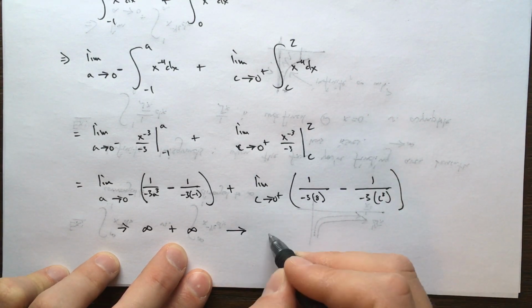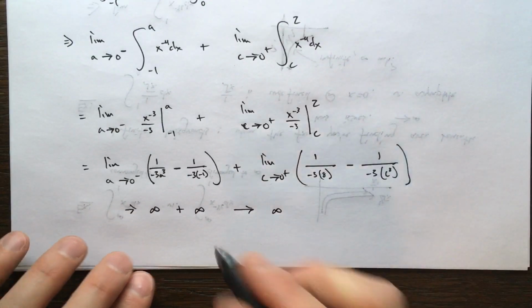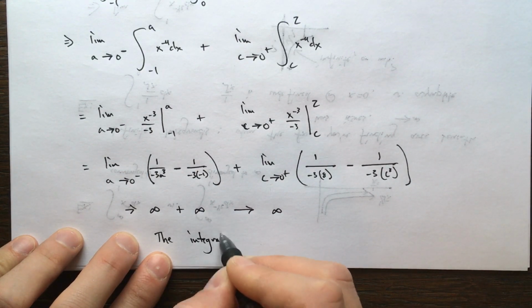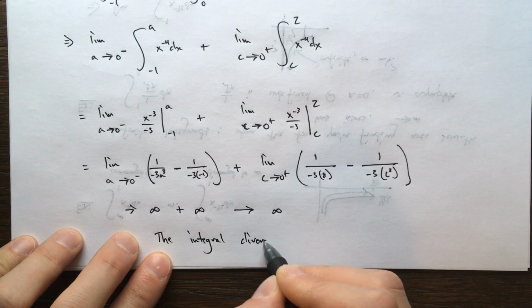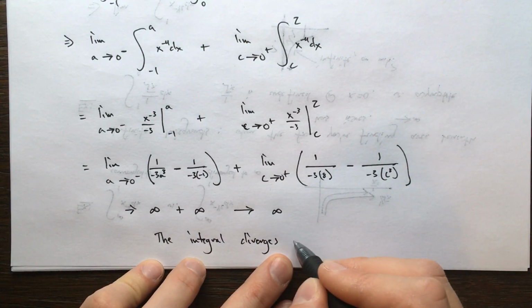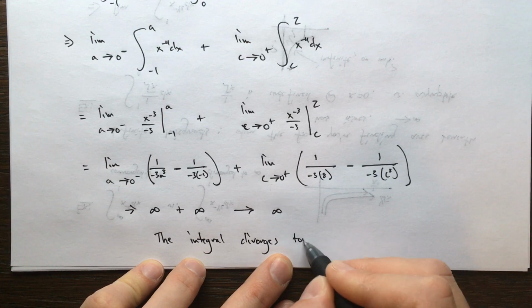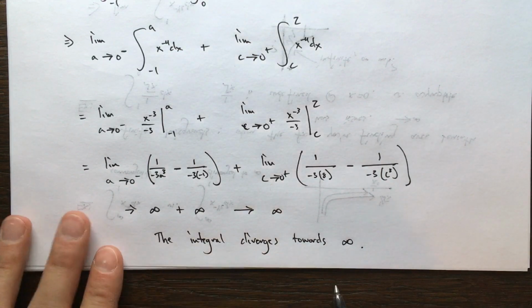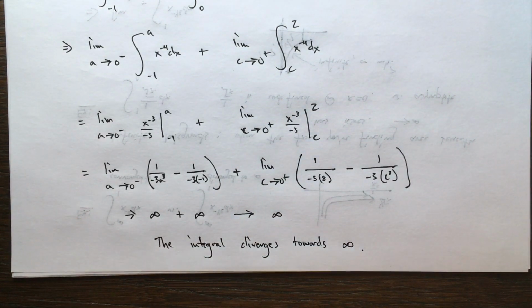So the whole thing is tending towards infinity, which tells me the integral diverges in the worst possible way towards infinity.